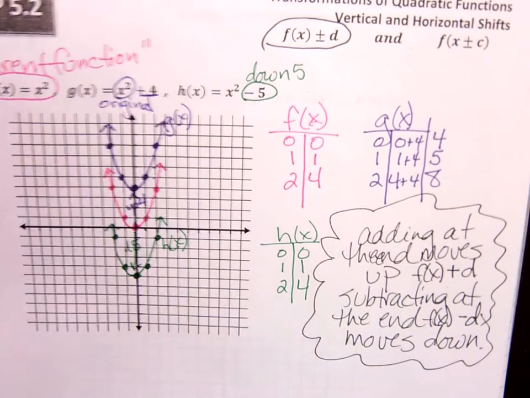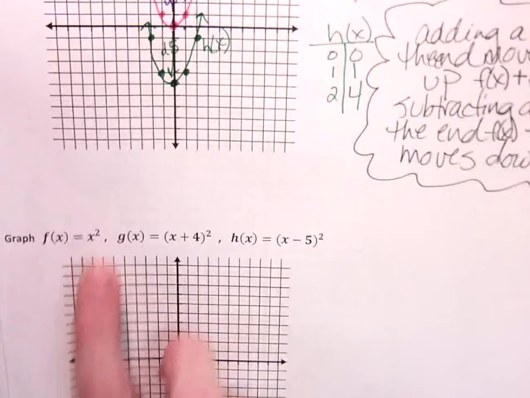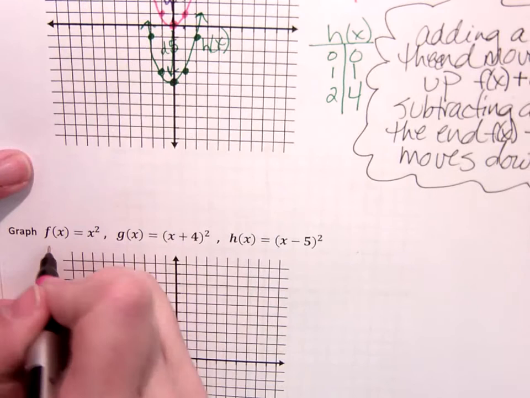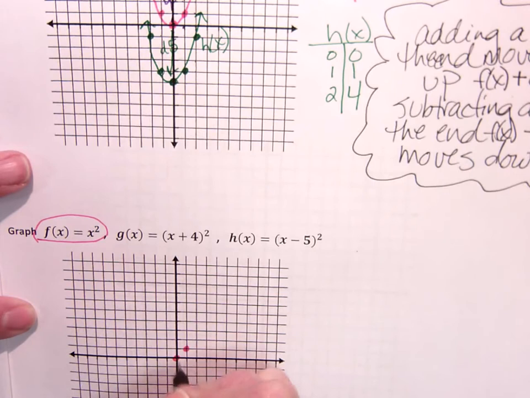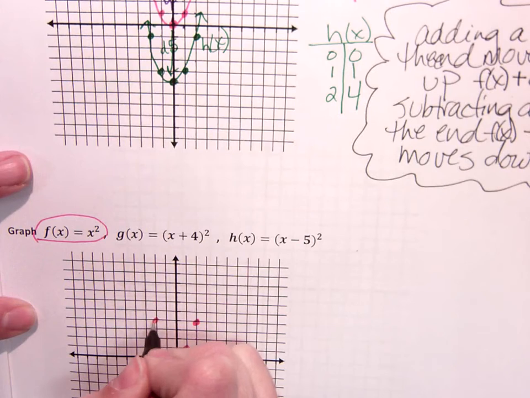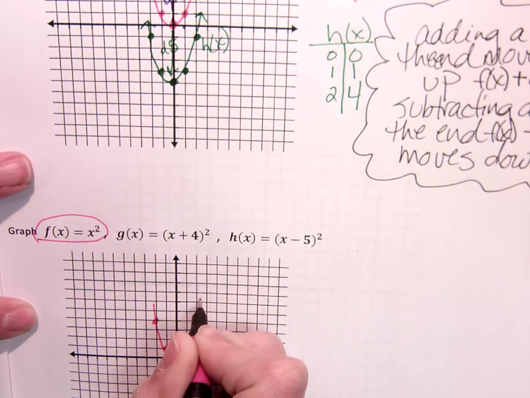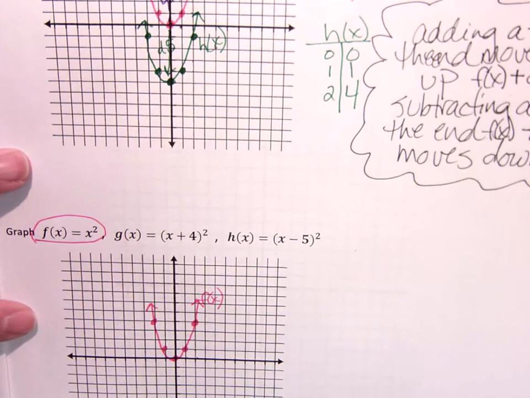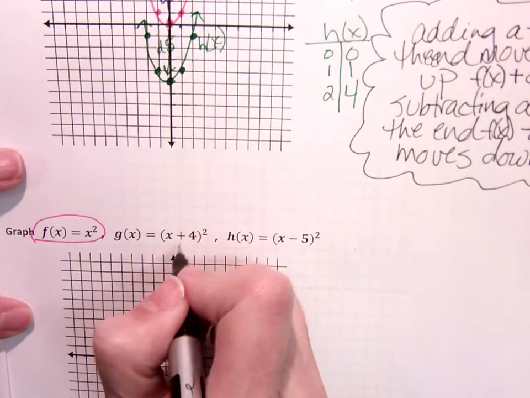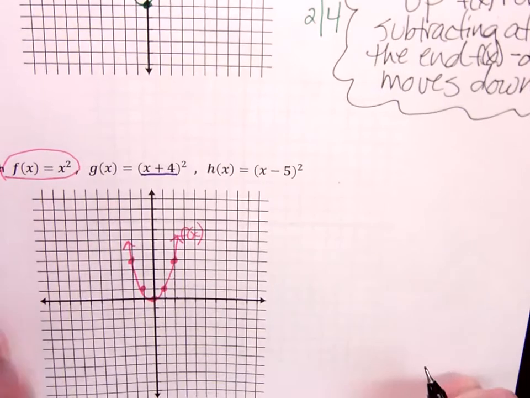Okay. What happens when we start messing around inside the parentheses? Well, we'll graph our original parent function. 0, 0, 1, 1, 2, 4. Right? But this time, we're adding 4 on the inside to the x values.